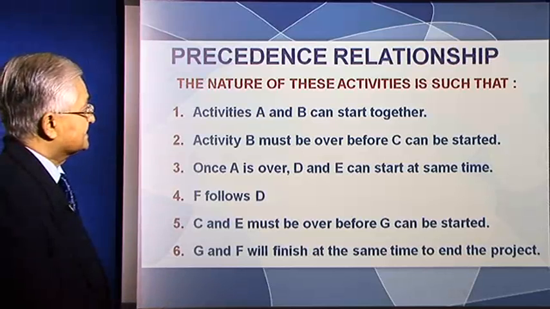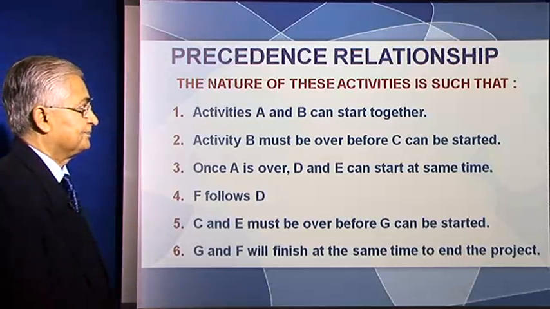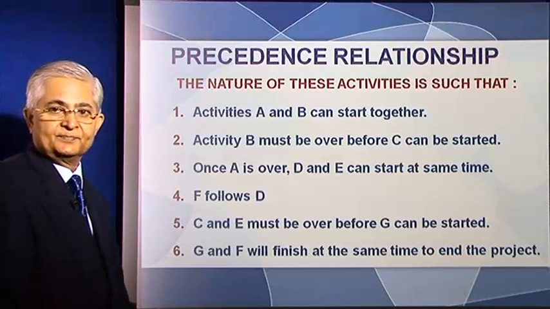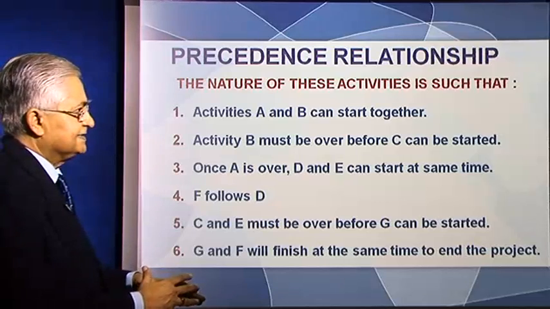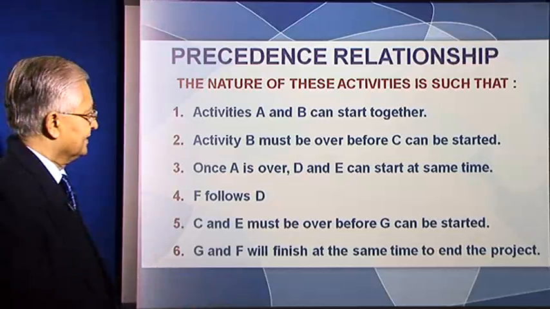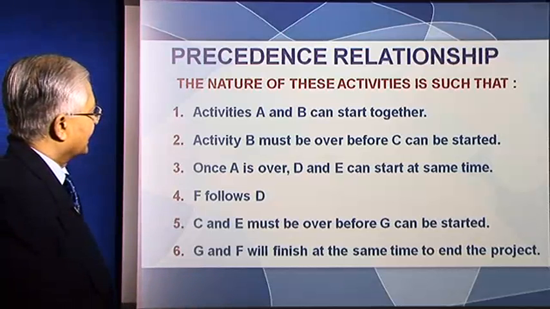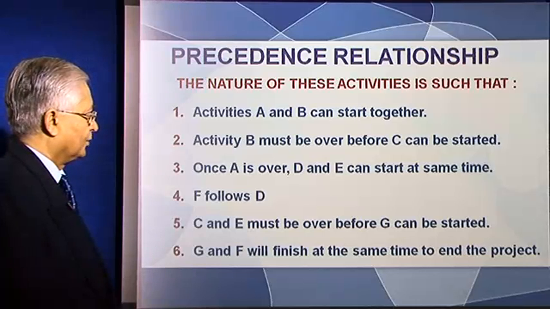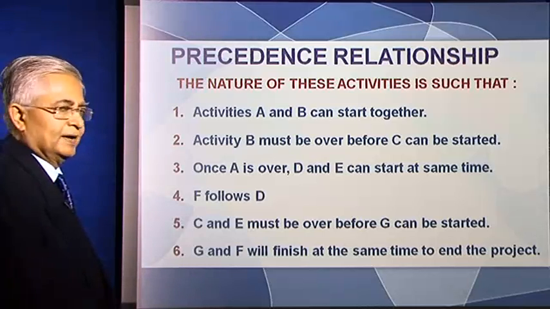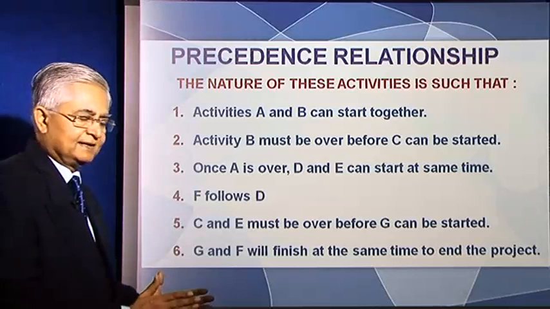So activity C can start only after activity B, right? Now in this way we find that activities are all interlinked. For instance, activity D and E can start only after activity A is over, but they can start at the same time.